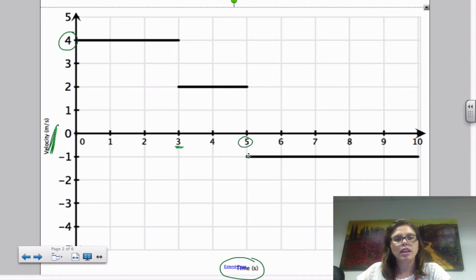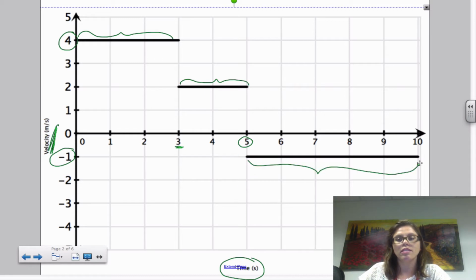And then for the last 5 seconds, we are going backwards because it's negative. So we're going backwards at 1 meter per second. This is constant velocity because this part is constant, this part is constant, and this part is constant.